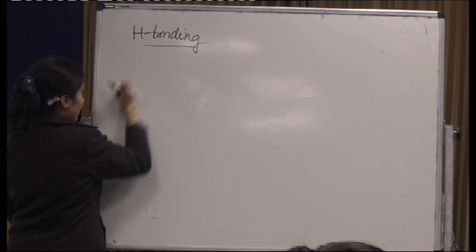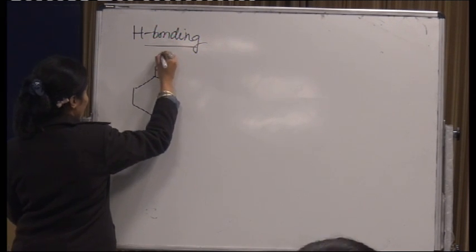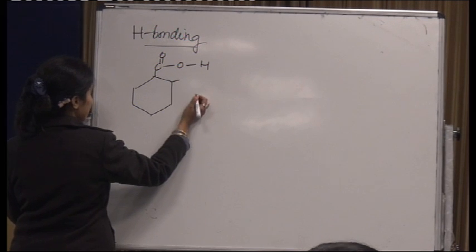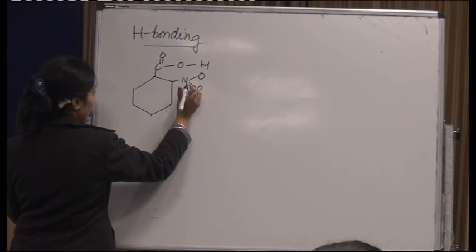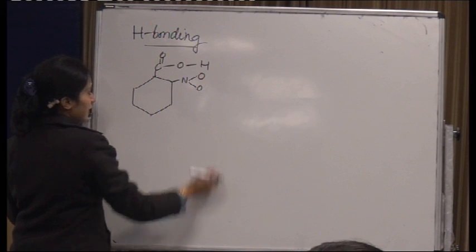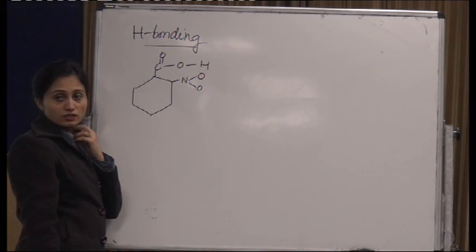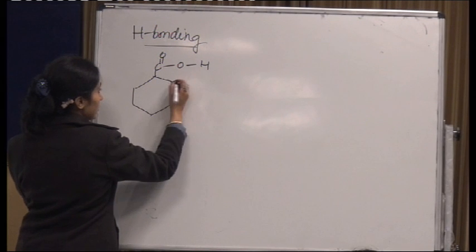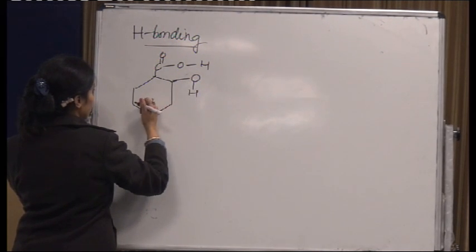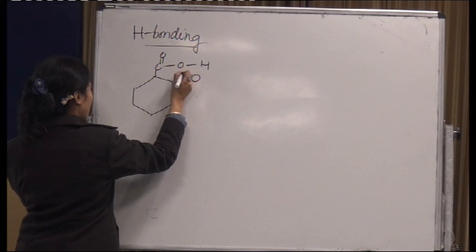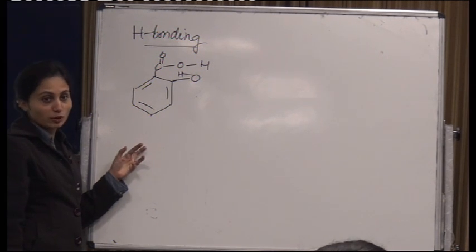Say for example, if you have to talk about COOH and you talk about say NO2, alright, or you talk about NO2, then in that case just look up here, or I can talk about even... then in that case what kind of bonding will happen, intermolecular or intramolecular?